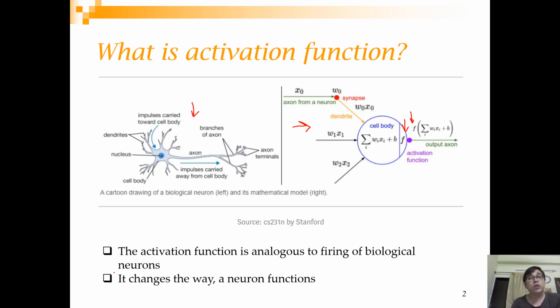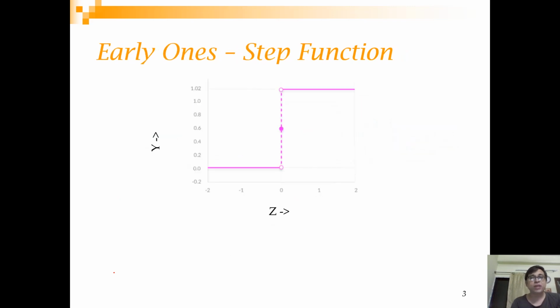Let's start by looking at the most primitive activation function. Here you have the linear aggregated input and the corresponding output. You can see the output is 0 and 1, so immediately we can conclude that this can be used for a binary classification problem.